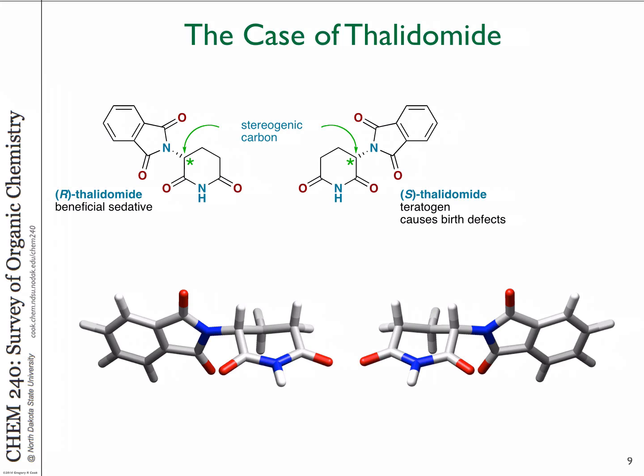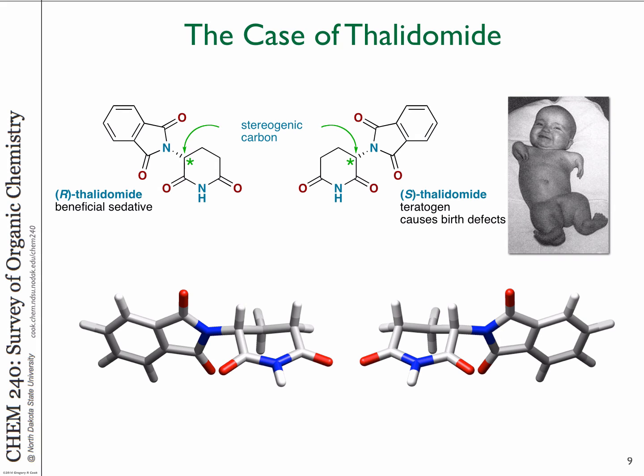But the problem is, when this drug was on the market, it was never on the market in the United States, but it was on the market in Germany and in Canada, and lots of birth defects started showing up from mothers who were taking this drug. A really unfortunate situation. And it turns out, because there's a stereogenic carbon in this molecule, the beneficial properties that were observed for thalidomide came from the molecule which has one particular stereoisomer at that position, one particular configuration.